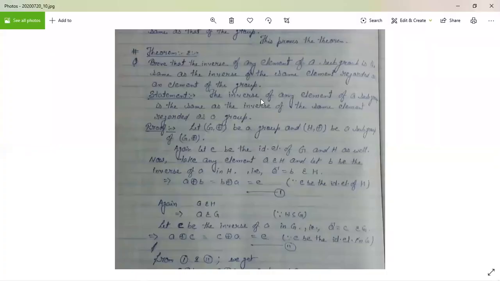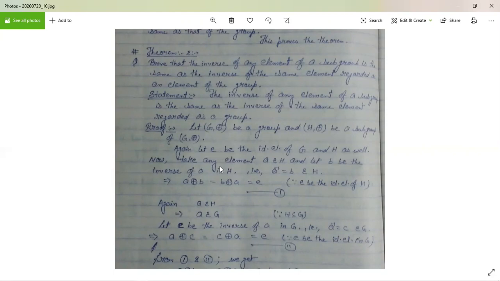The proof of this theorem: let (G, ∘) be a group and (H, ∘) be a subgroup of (G, ∘). Again, let e be the identity element of G and H as well.